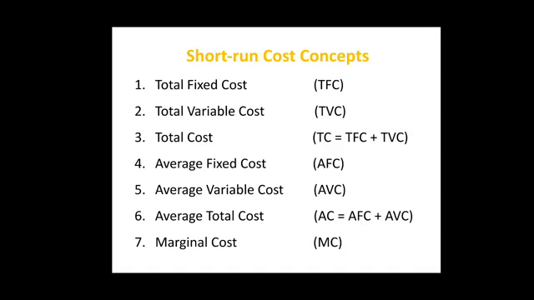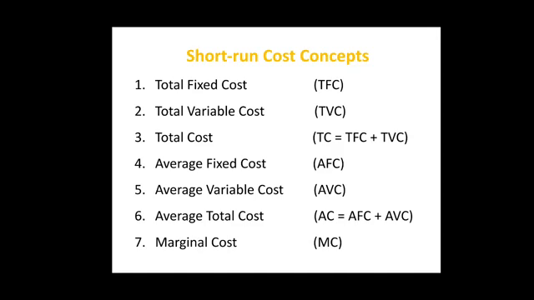As we already know, short run is a period of time during which some factors of production are fixed and some are variable. Accordingly, short-run costs are divided into two components. First, fixed costs and second, variable costs.